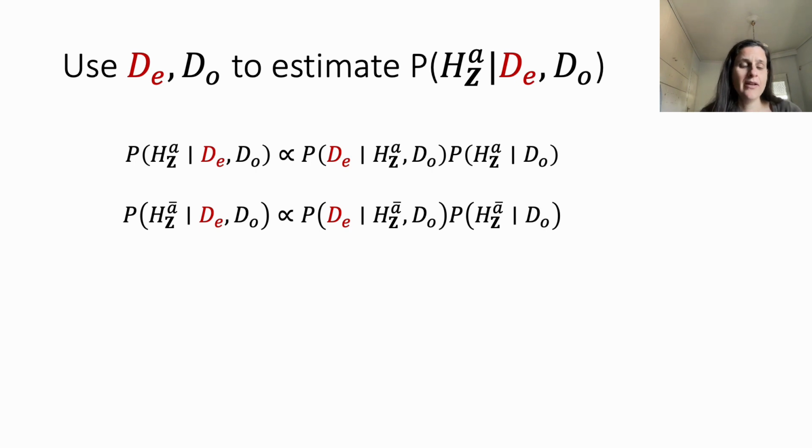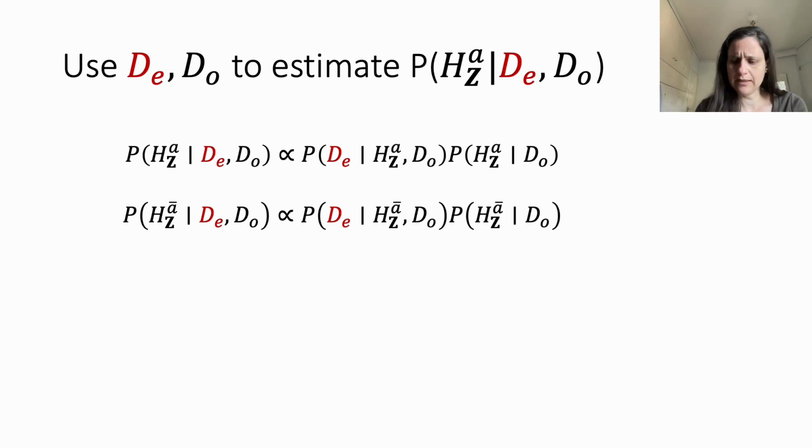So basically we want to compute the probability that z is an adjustment set based on the observational and the experimental data, and the probability that z is not an adjustment set based on the observational and the experimental data. And these are proportional to the probability of seeing the experimental data given that z is an adjustment set and having seen the observational data, or given that z is not an adjustment set and having seen the observational data.